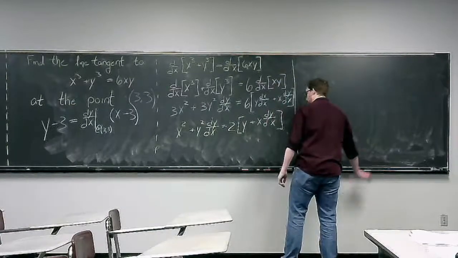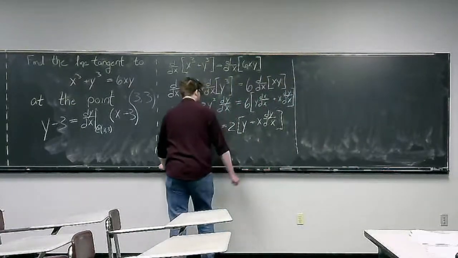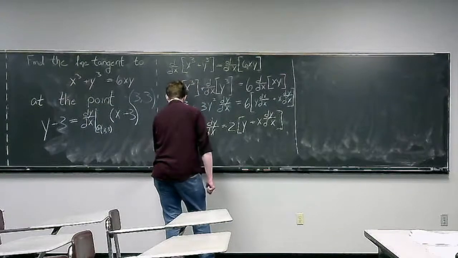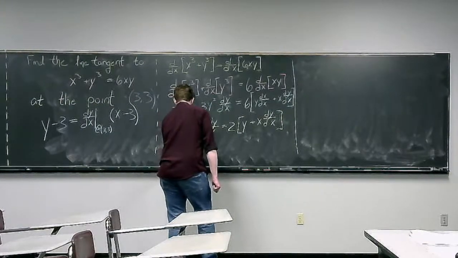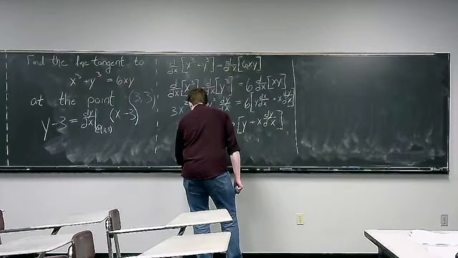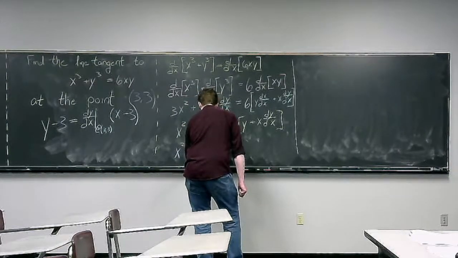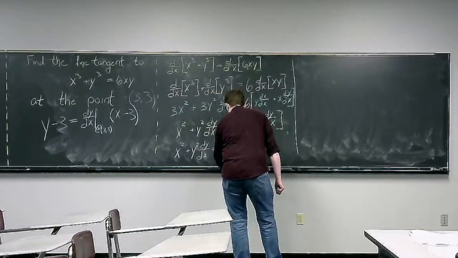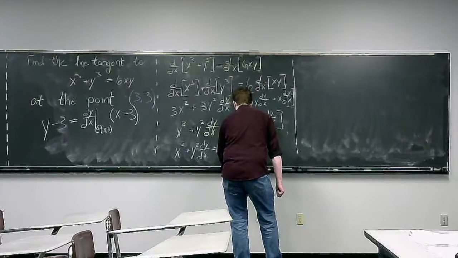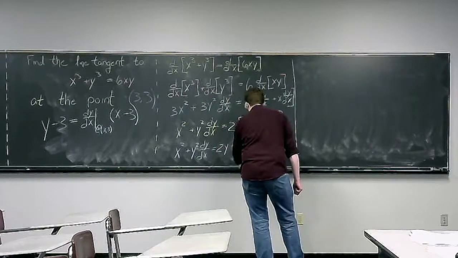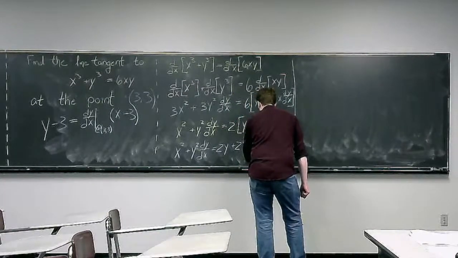Now we can distribute that 2 all the way through. We get that (x squared plus y squared) dy/dx is equal to 2y plus 2x dy/dx.